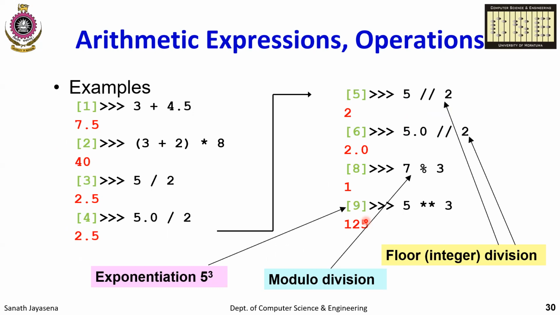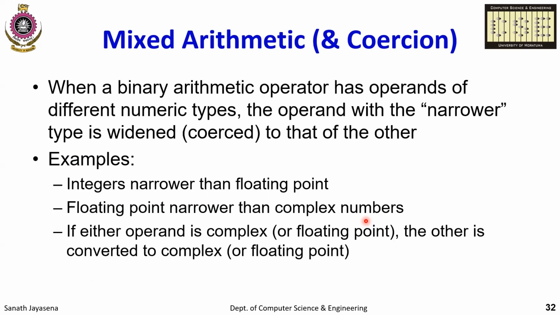This slide explains what will happen when you use mixed arithmetic. When you have a binary arithmetic operator, for example, when you say A plus B, it's a binary arithmetic operation. Plus is a binary arithmetic operator, because on the left side there's one operand, and on the right side there's another operand.